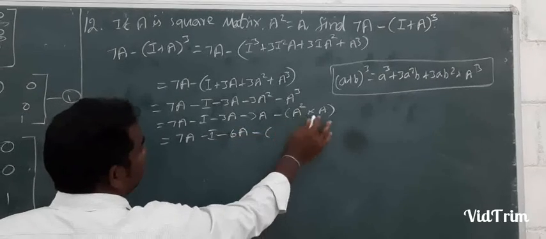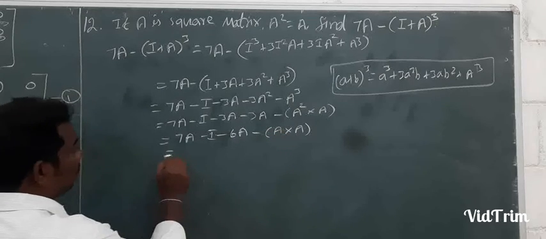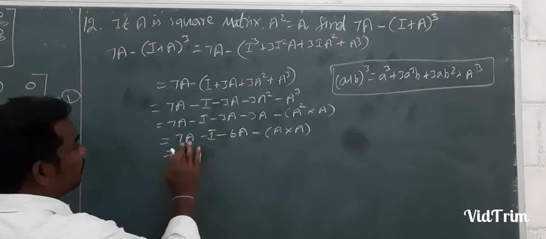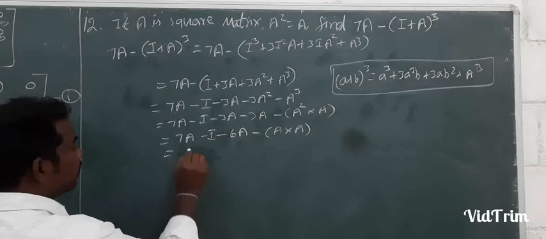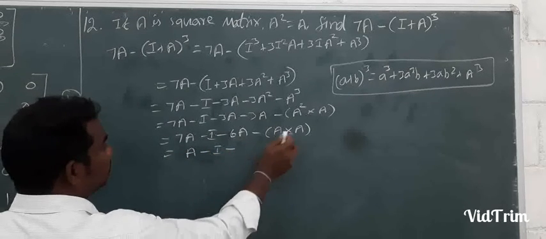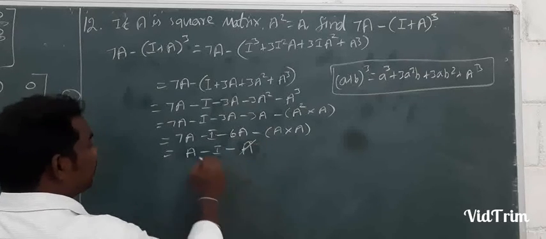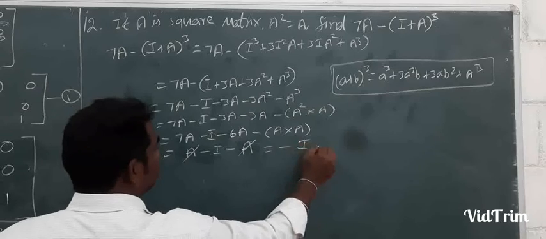Here A into A again, because A square is A. 7A minus 6A, the remainder is A minus I minus A into A square. A square value is A. Then we cancel it. The answer is minus I.